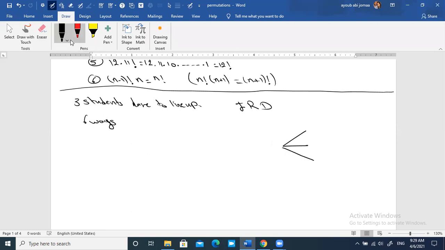The first one in the first place is Jana, Rawad, Daniel. If Jana was in the first place, we still have Daniel and Rawad. Here Jana, Daniel, then we have Rawad. Jana, Rawad, then we have Daniel. Rawad, Daniel, Jana. Rawad, Jana, Daniel.